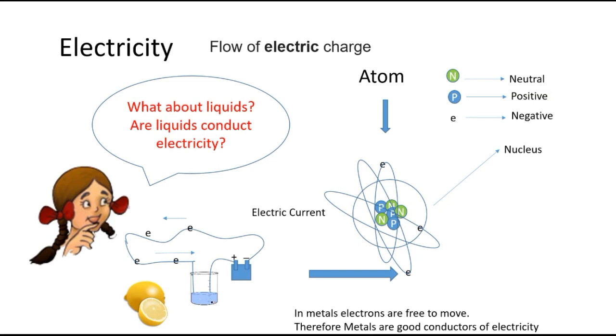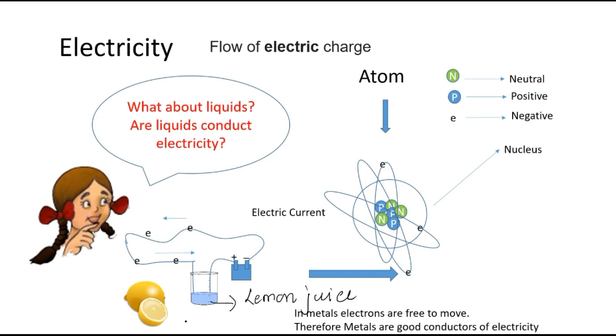So this is lemon-mixed water, right? And then you will find electrons flow, because the lemon juice in the water will allow the electrons to flow inside the liquid. So lemon juice is a good conductor of electricity.